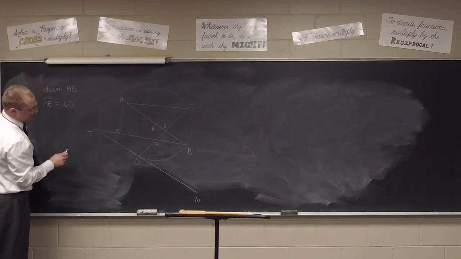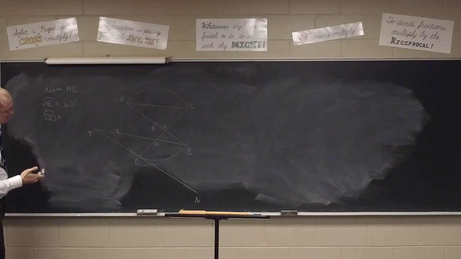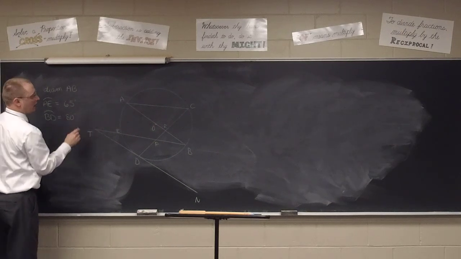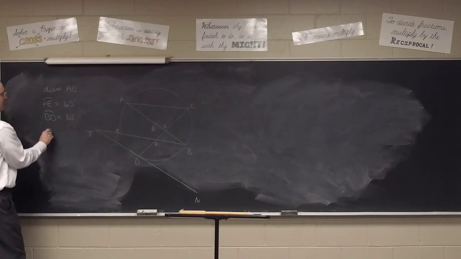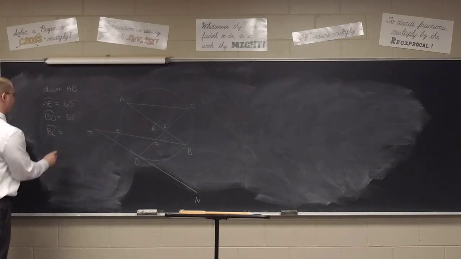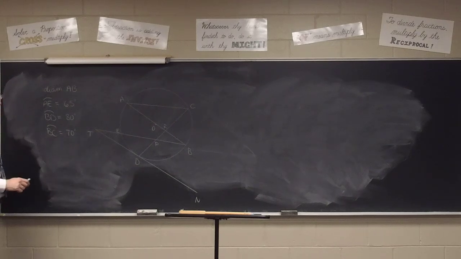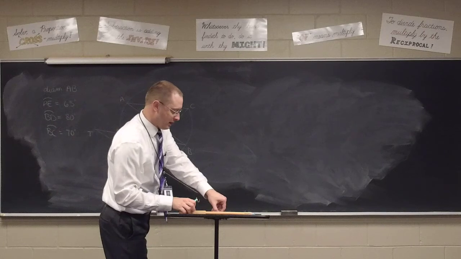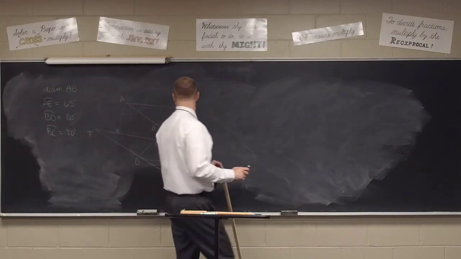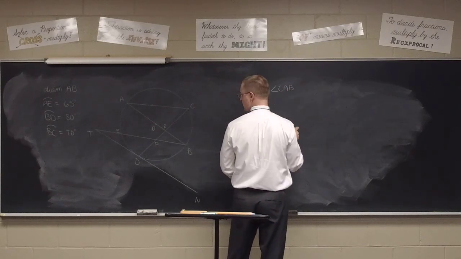We've got arc BD, let's say appears to be 80 degrees. Let's say that arc BC appears to be 70 degrees. And what angles do I want you to find? Let's find angle CAB.